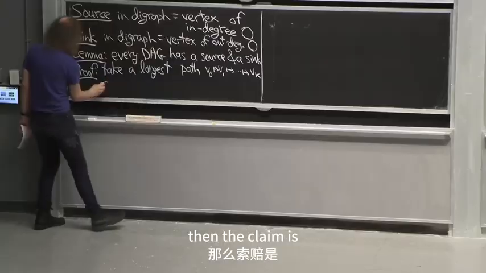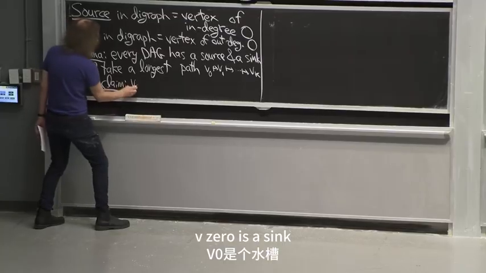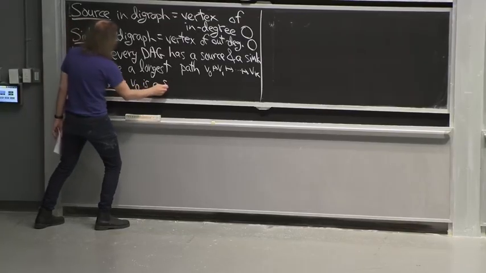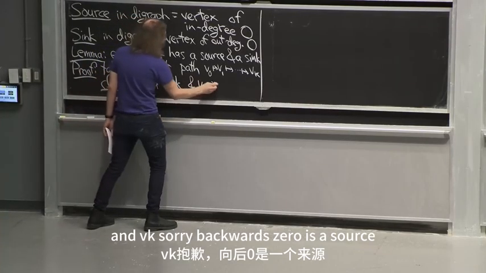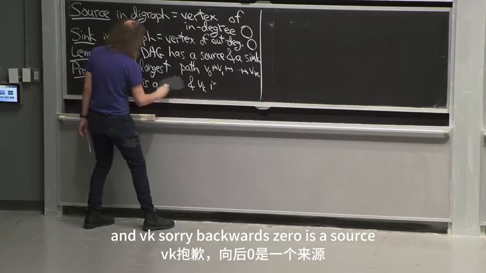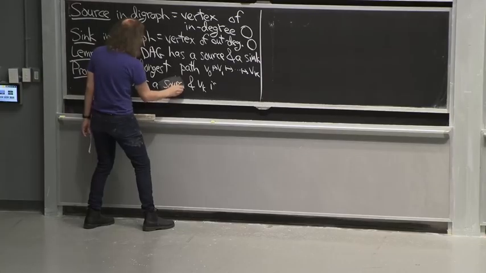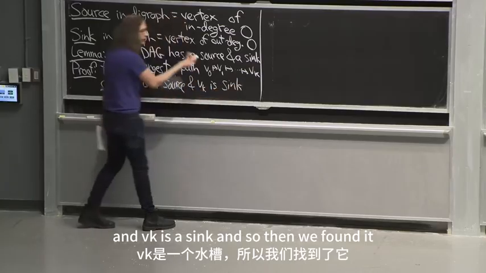Then the claim is v0 is a source, and vk is a sink. And so then we found it.